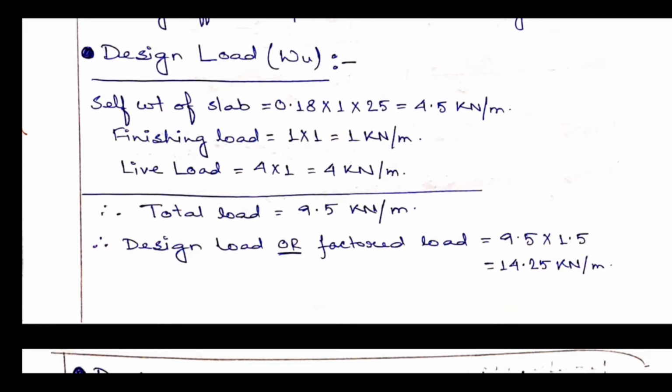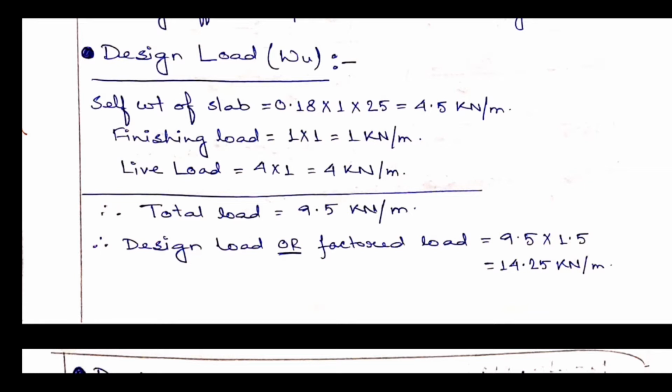Now live load is given 4 kilonewton per meter square in question. So live load is 4 into 1, that is 4 kilonewton per meter. This one multiplied with finishing load and live load is 1 meter width, which is in consideration. So total load will be 9.5 kilonewton per meter.